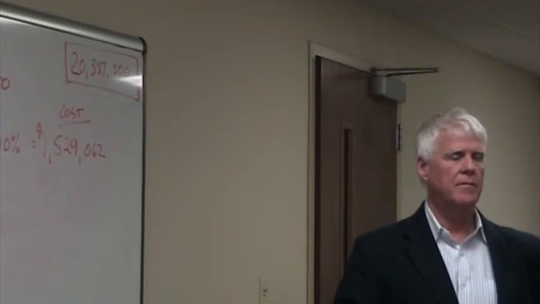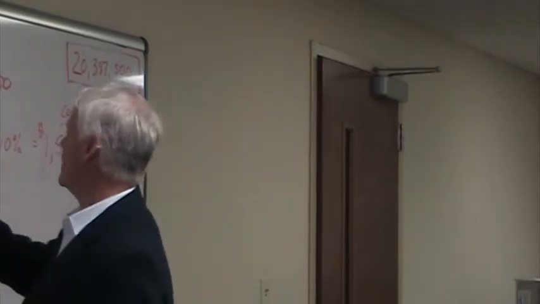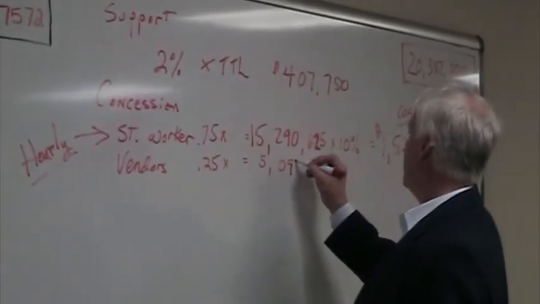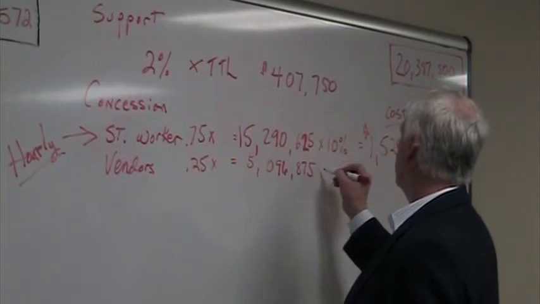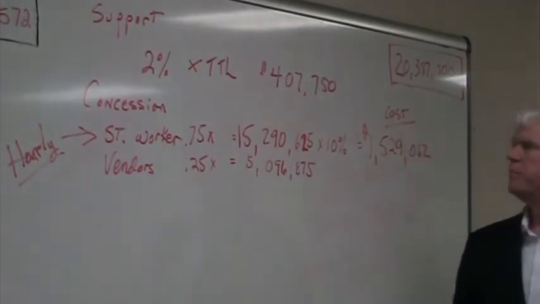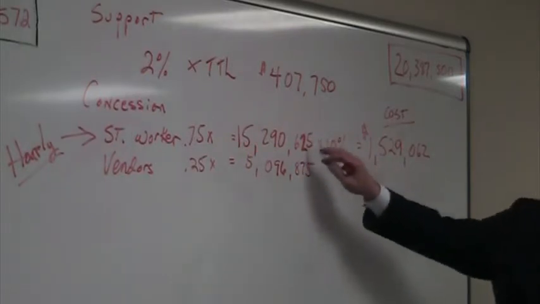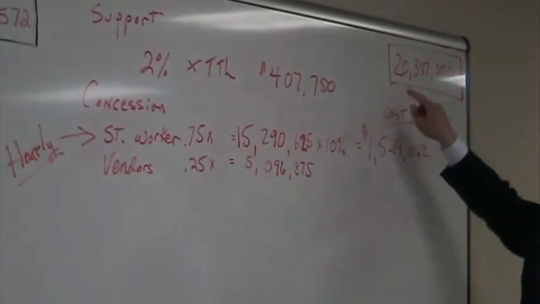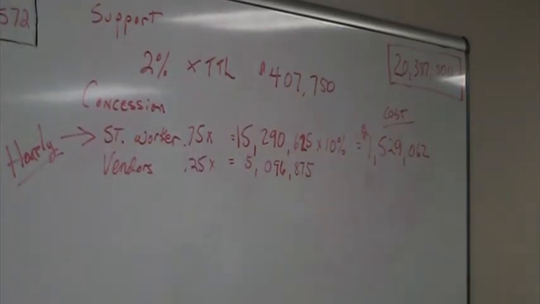Who's got the calculator? 5,096,875. We should be able to add these two together, and it should equal 20 million, and it kind of looks like it does. Good.